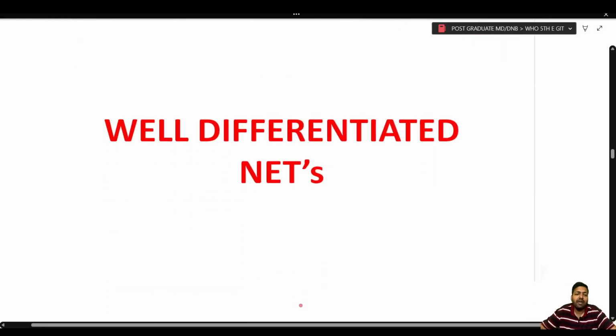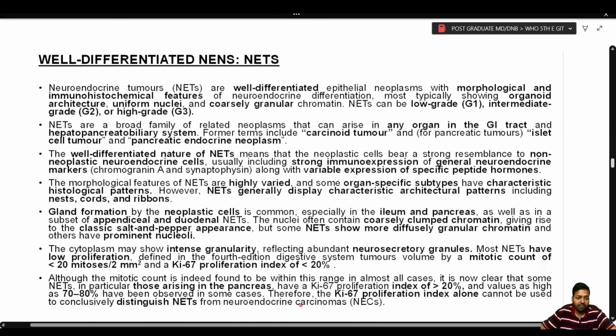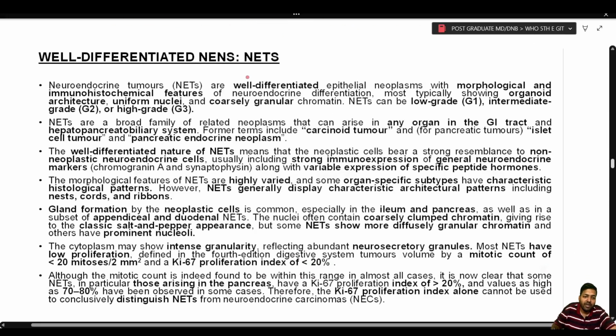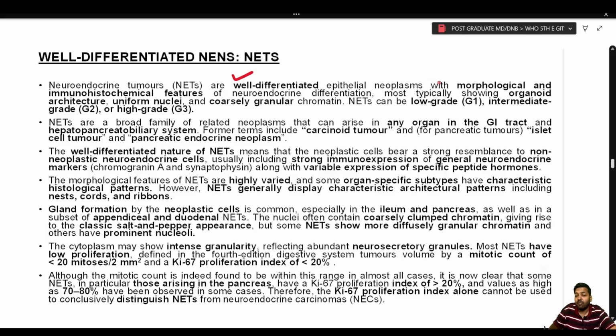Okay, now we will discuss the well-differentiated neuroendocrine tumors first. So the neuroendocrine tumors are well-differentiated epithelial neoplasms with morphological and immunohistochemical features of neuroendocrine differentiation, most typically showing organoid architecture with uniform nuclei and chromatin that is coarsely granular, not finely granular, coarsely granular.